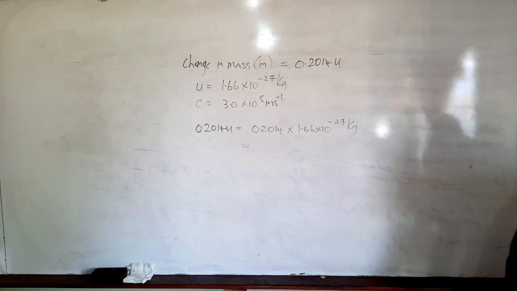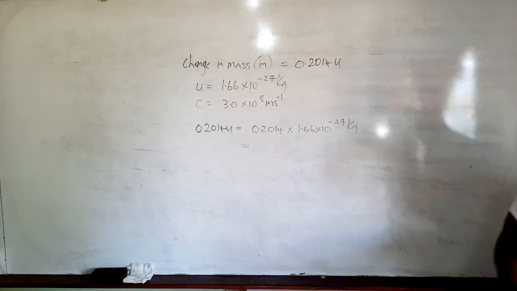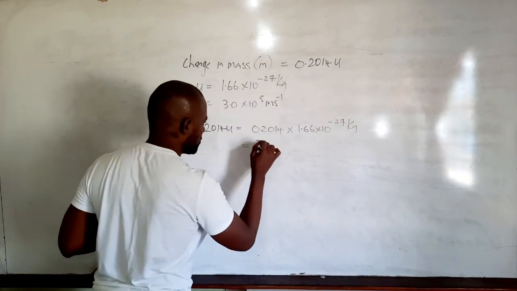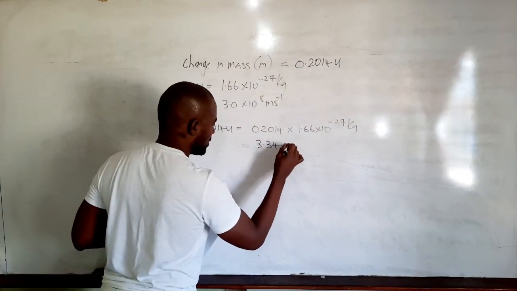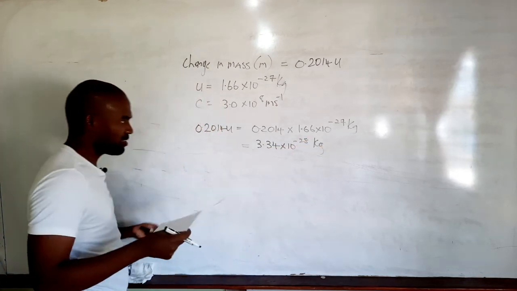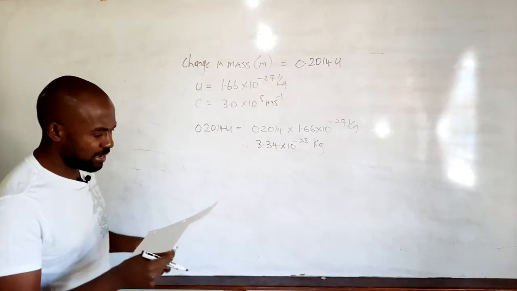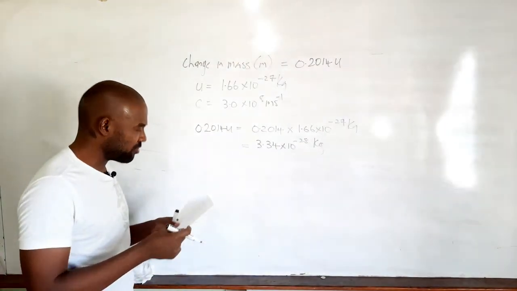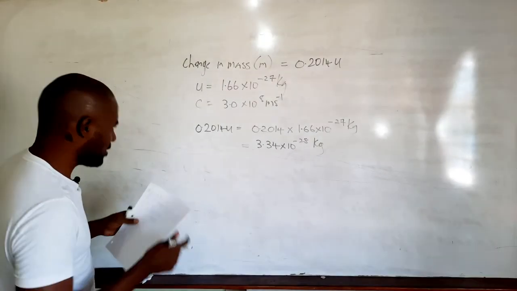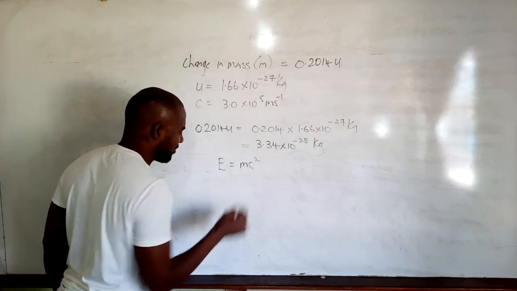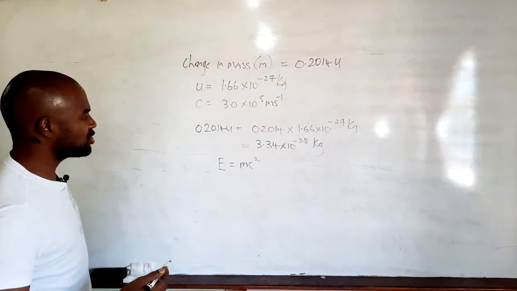Right, so that is 3.34 times 10 to the minus 28 kilograms. This will have quite a few decimal places, but we could leave it at three significant figures. And then, of course, we use our equation E equals mc squared, Einstein's famous equation, to calculate the energy given off.